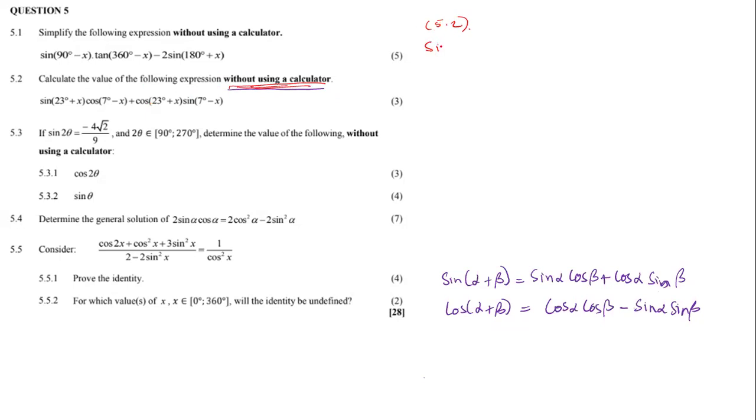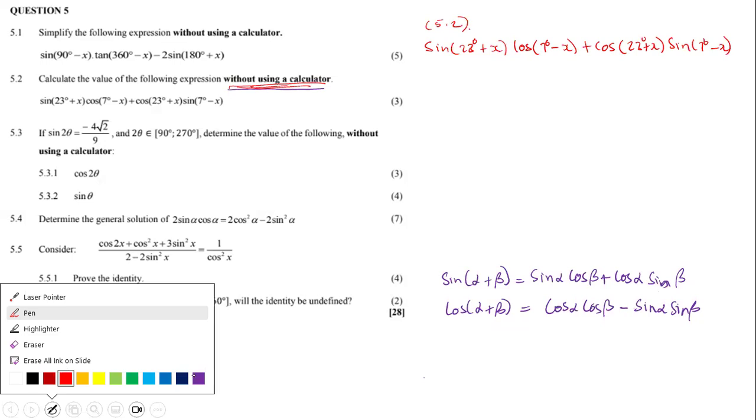We have sine of 23 degrees plus x, cos of 7 degrees minus x, plus cos of 23 degrees plus x multiplied by sine of 7 degrees minus x. Now, how are we going to tackle this one over here?